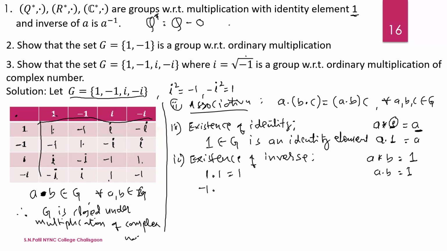Now next element is -1. -1 into -1, we get 1. Now next is I into minus I is equal to 1. Next is minus I. Minus I, where is 1? See here, minus I into I is equal to 1.